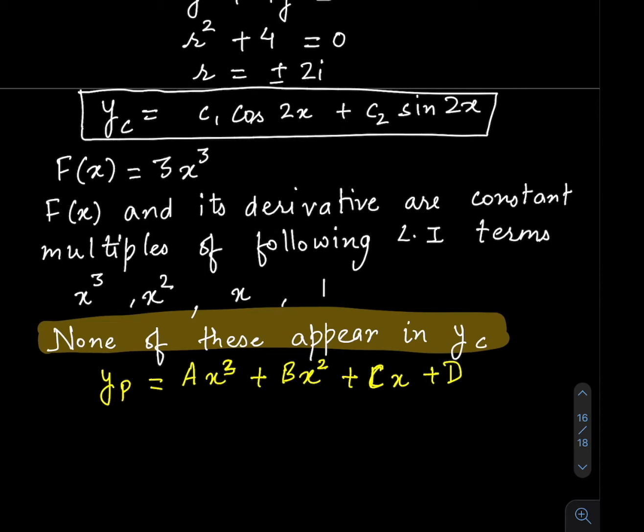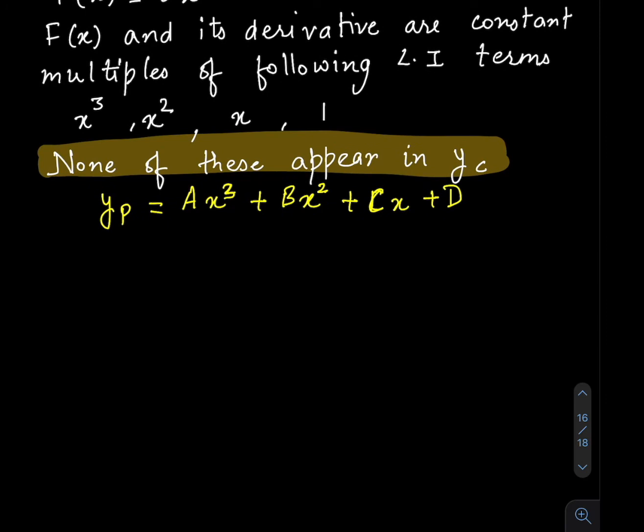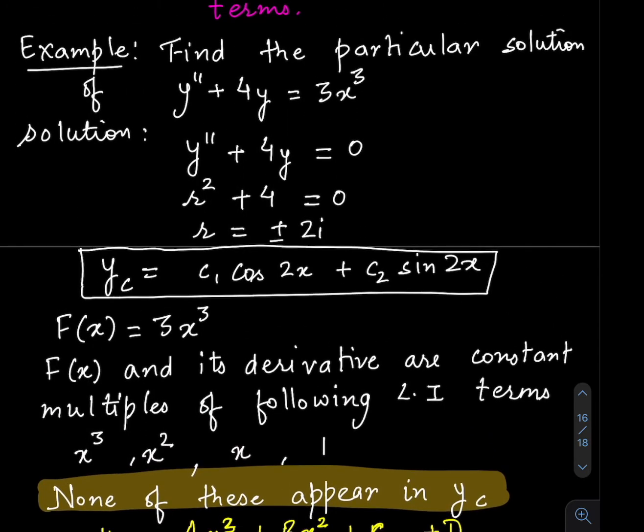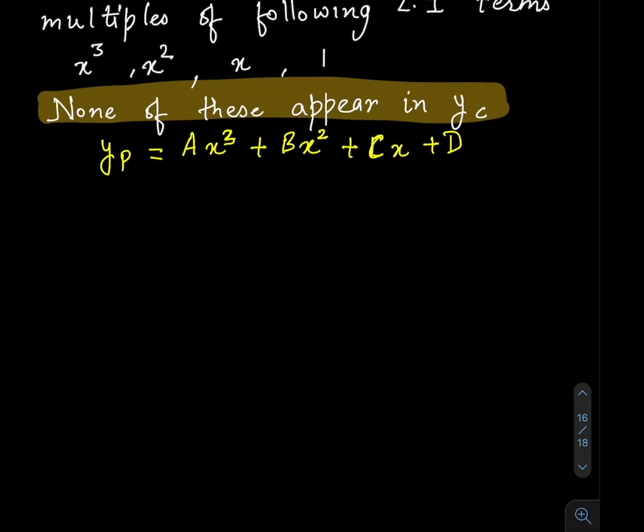Now if this is a solution, we are calling it particular solution. If this is a solution, this must satisfy our ODE, right? So let's find out. If we want to plug in the equation, we need y double prime, right? So let's go ahead and find that.